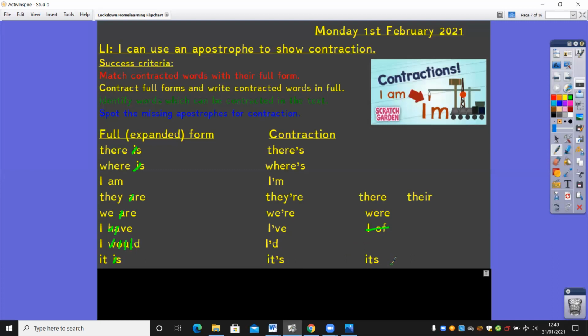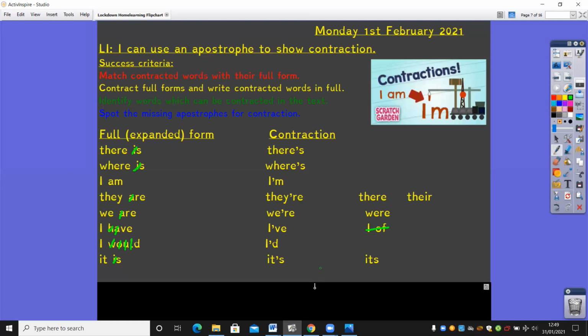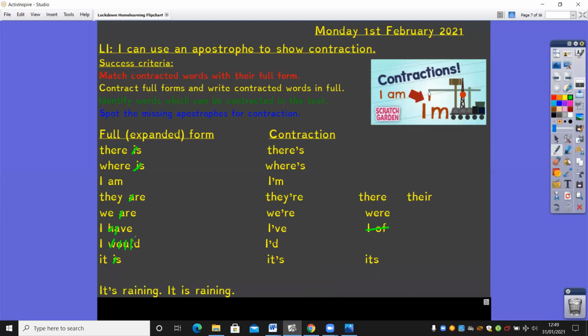So how do I know which one to write in my sentence? So let's have a look at my sentences. If I have a sentence, it's raining, and I can replace my contraction for it is raining, and my sentence still makes sense, it means that I need to use the contraction it's with an apostrophe between T and S.